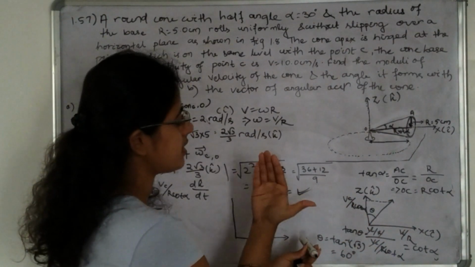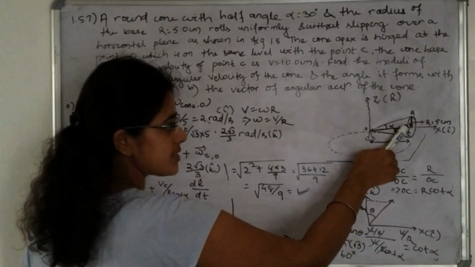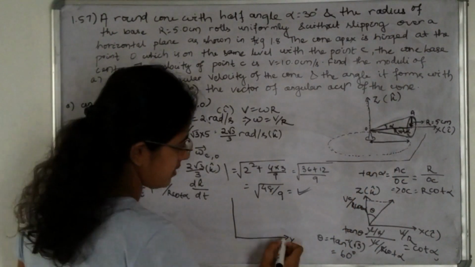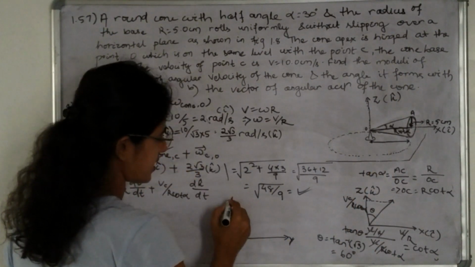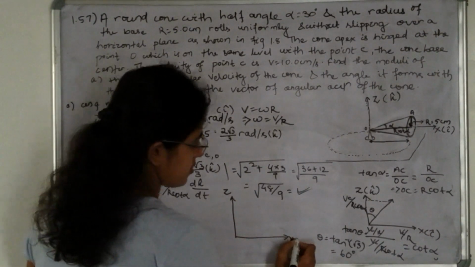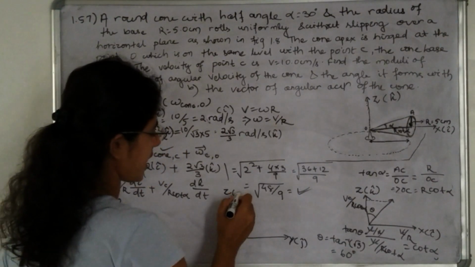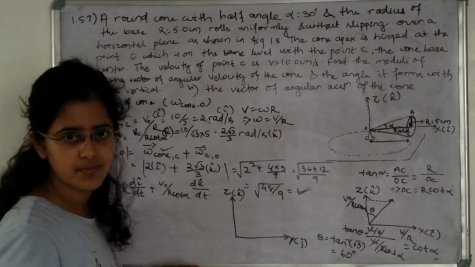Then it is rotating in the yz plane along the x-axis. As this is rotating in the yz plane, we can take this as y, let us say, and this as z. Okay. So j cap is the unit vector along the y-axis and k cap is the unit vector along the z-axis.